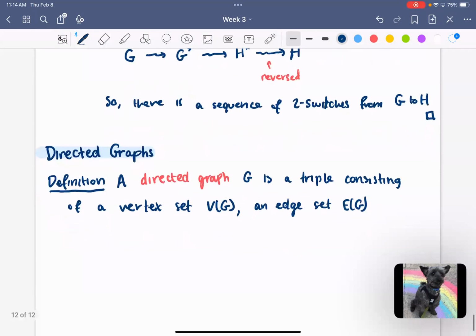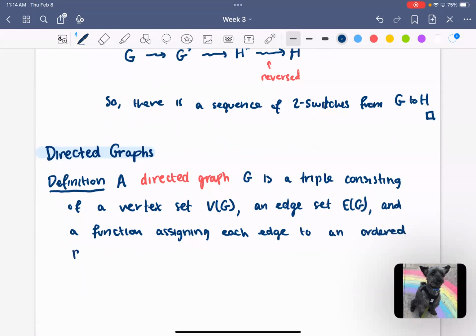And the way that this is done is by specifying a function assigning each edge to an ordered pair of vertices.